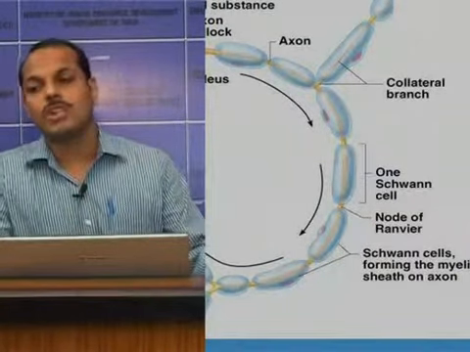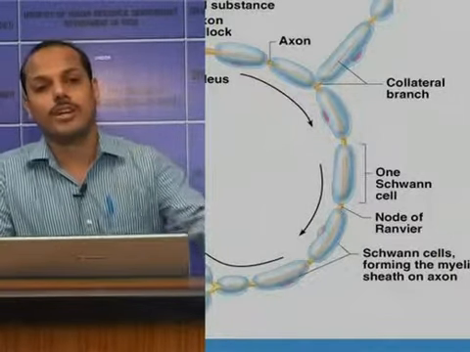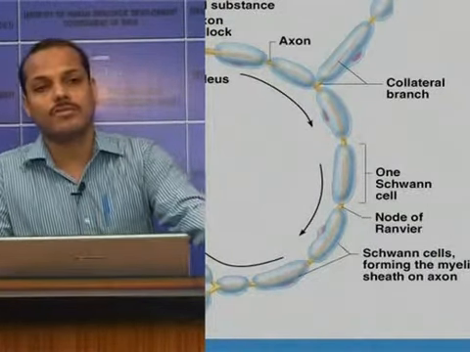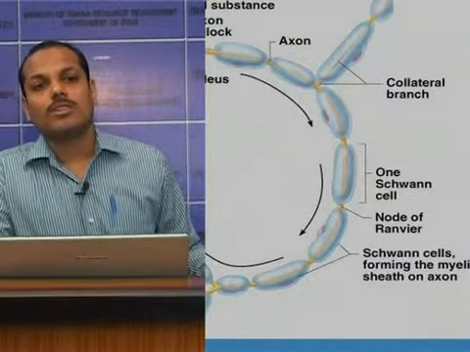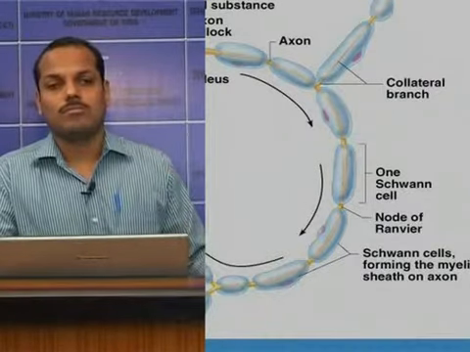Usually this myelination occurs at the fourth month of intrauterine life, and it completes a few years after birth. But not all.